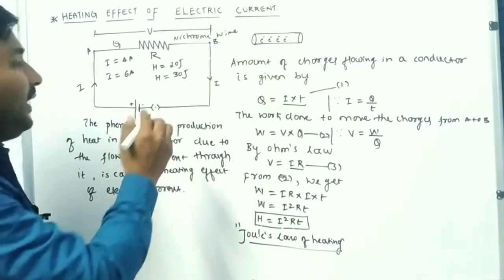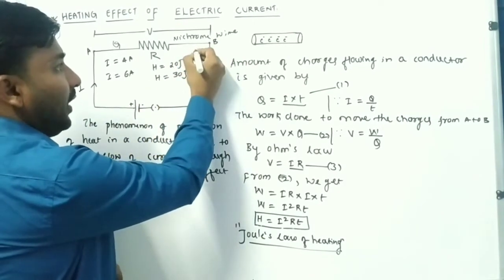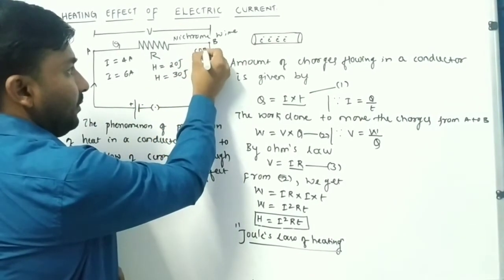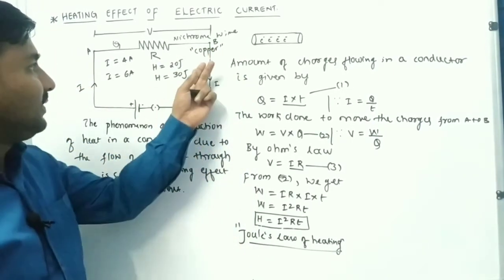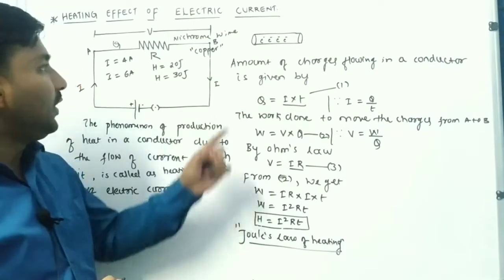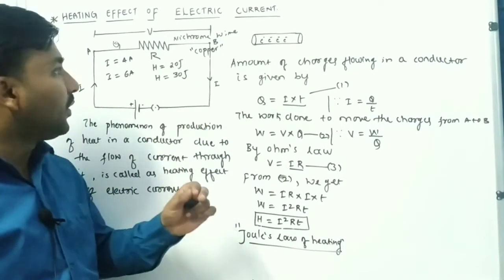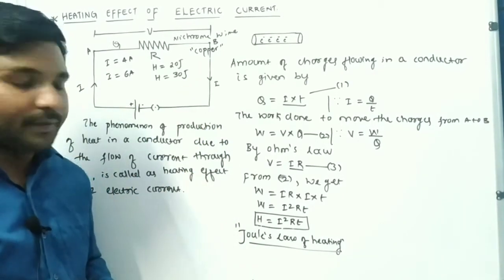If you take a copper wire, the resistance of the copper wire is very less, and the amount of heat produced in a copper wire is very less.